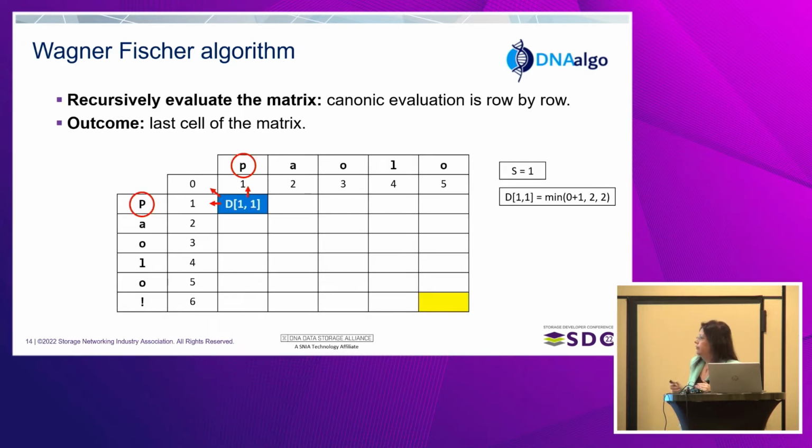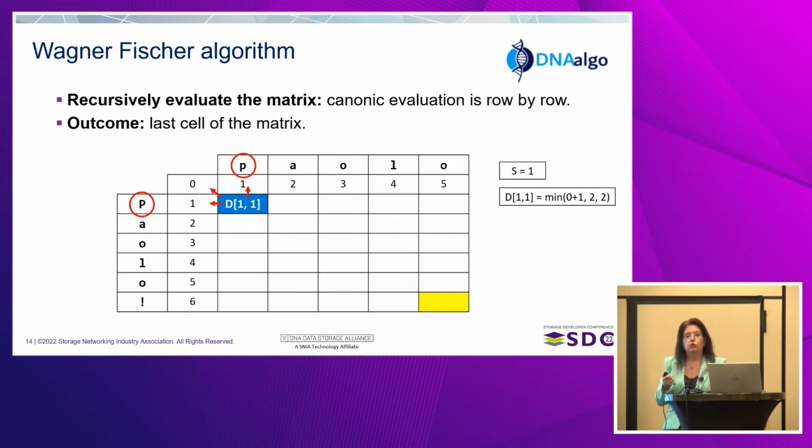If we look at the indices of these 3 different values, we see that the value of this cell needs to take into account the value in the diagonal, which is the one that takes into account a possible substitution, the value just on the top, and the value just on the left-hand side.